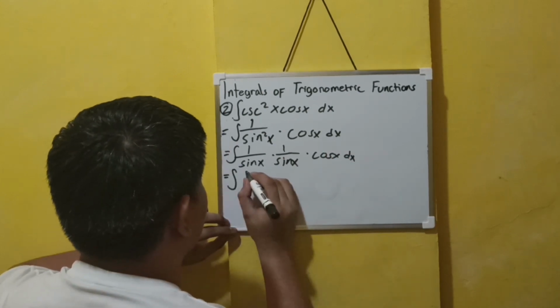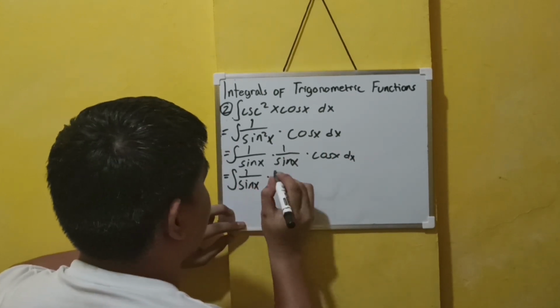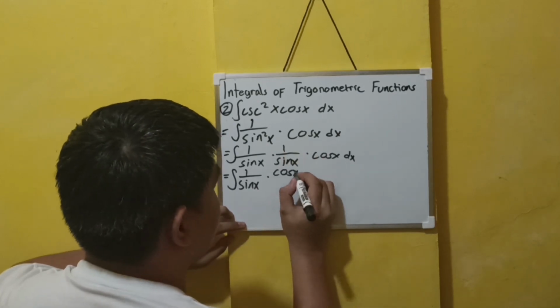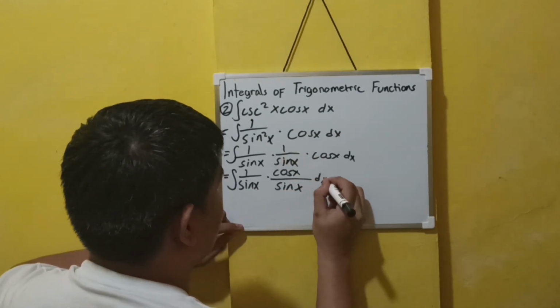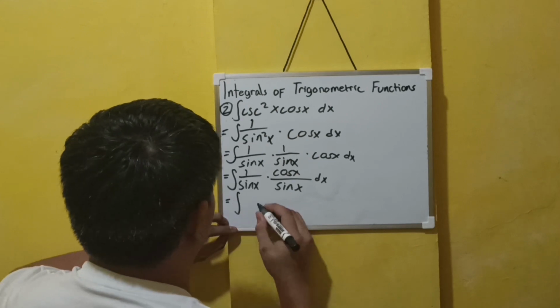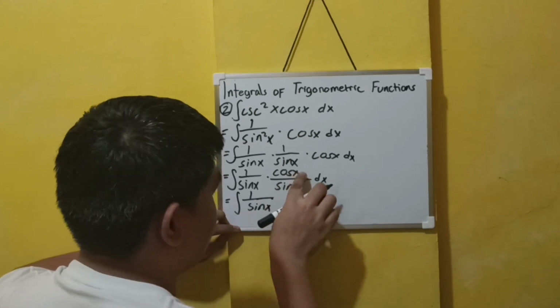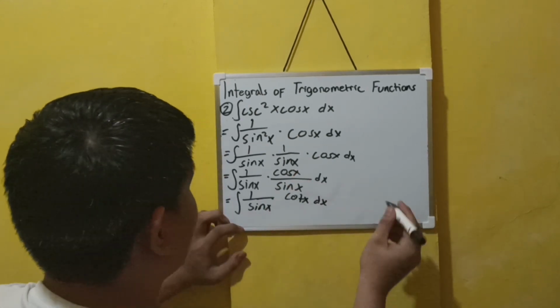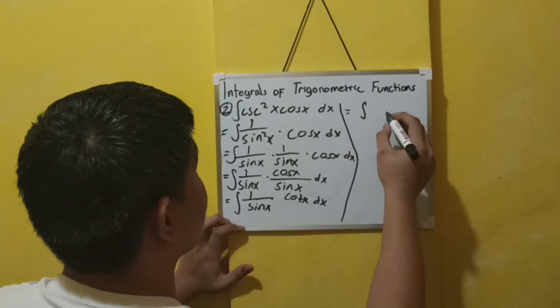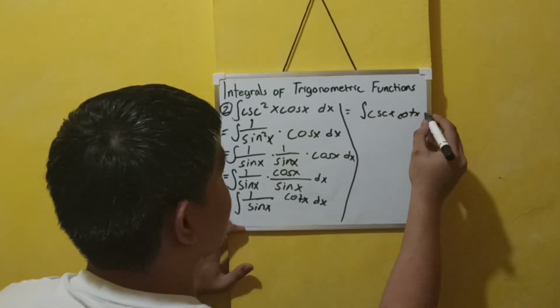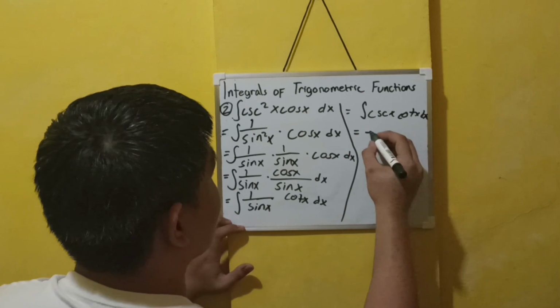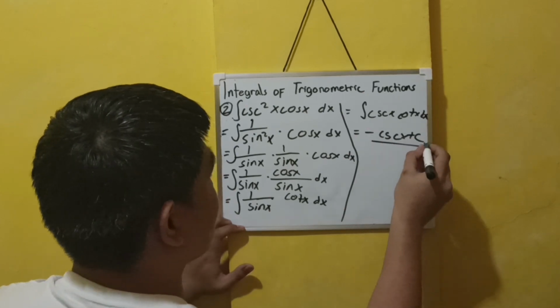Multiply the two, so it will be the integral of 1 over sine x times cosine x over sine x dx.